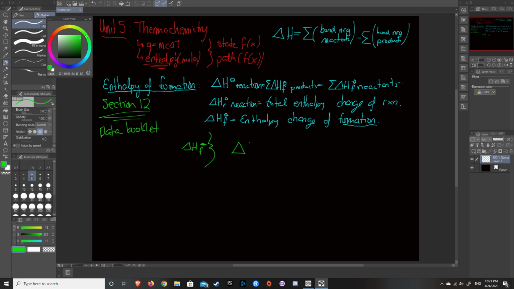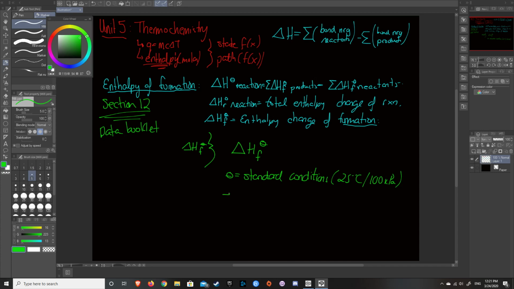So we've got delta H, F, and naught. What the naught sign means is under standard conditions, which means at 25 degrees Celsius and at 100 kilopascals. So under standard conditions, the delta is the change.